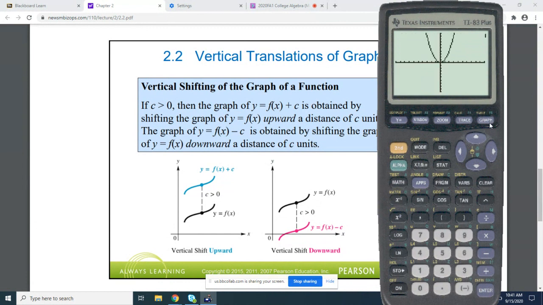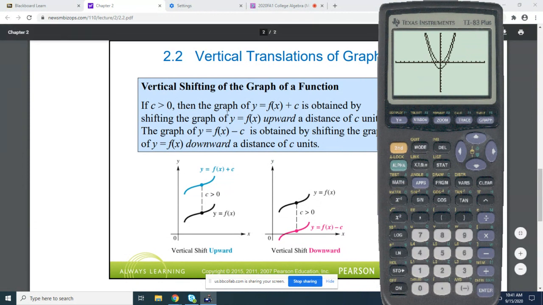And if we regraph, notice that there is a shift down 2 units. All right, so if you add a constant to the end, that shifts up.